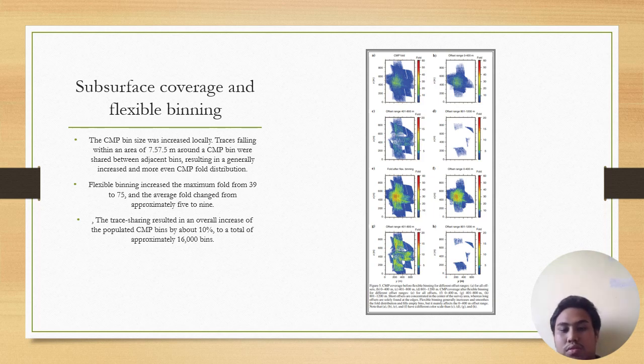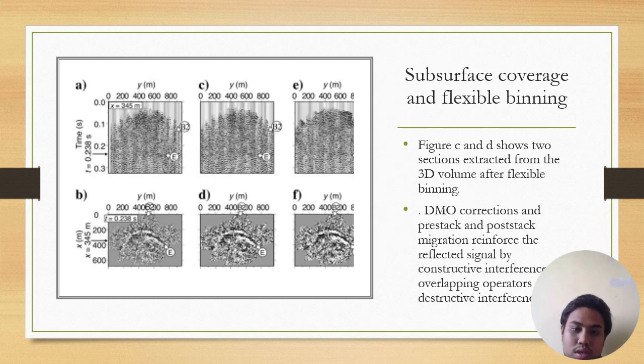And also the trace sharing resulted in an increase of about 10%, which is approximately 16,000 bins. This is clearly shown in this picture. Also the most important, the subsurface coverage, and the flexible binning.